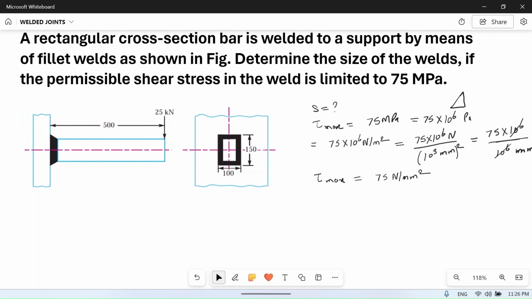Now you can see load P is given as 25 kilonewton, which is 25 into 10 to the power 3 Newton, and e is given as 500 mm.